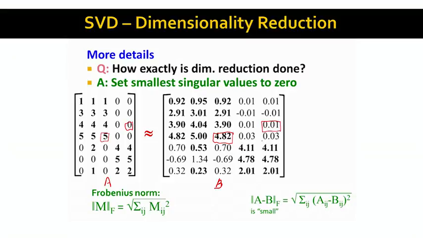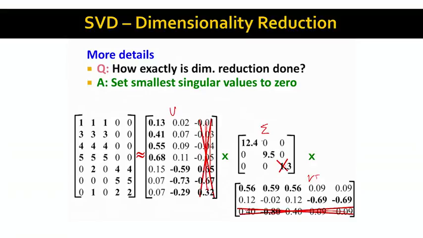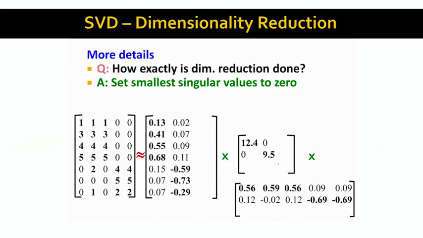So what we basically did is, in the previous slide, we took our original matrix A, did SVD, and we were able to exactly reconstruct it. Now we removed the last column from U and the last column from V, and we removed the singular value. Now we represented everything as a smaller set of matrices.